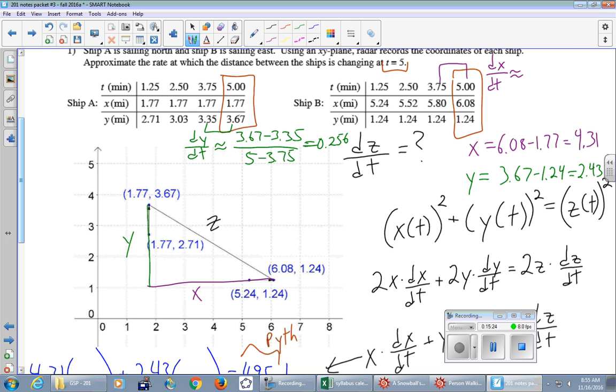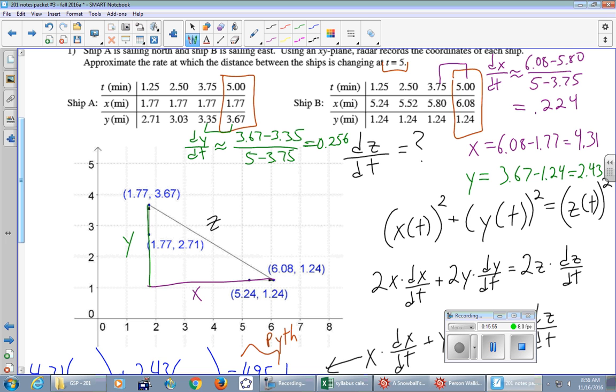So what minus what on top? 6.08 minus 5.8 over 5 minus 3.75. Somebody with a calculator? 0.224. Again, that's miles per minute. And that's the best we can do. Those are our estimates for dx/dt and dy/dt.